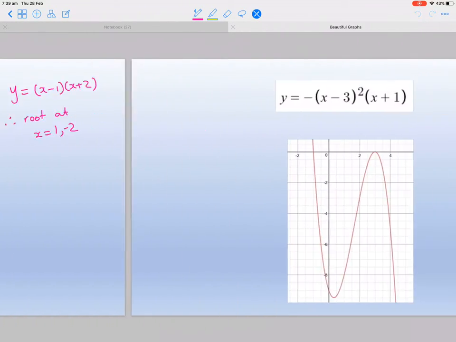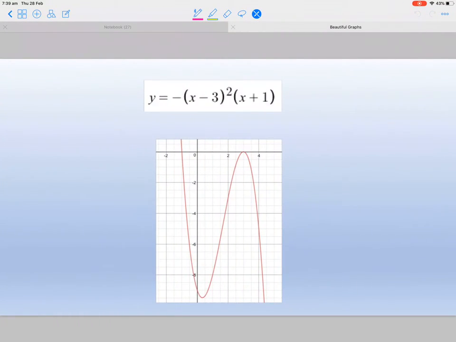Okay, let's look at another one. This is a negative cubic. How do I know this? By looking at the graph, I can see that it starts high, goes up and down. See how it follows the same sort of flow? And it finishes low. So it starts high, finishes low, okay?